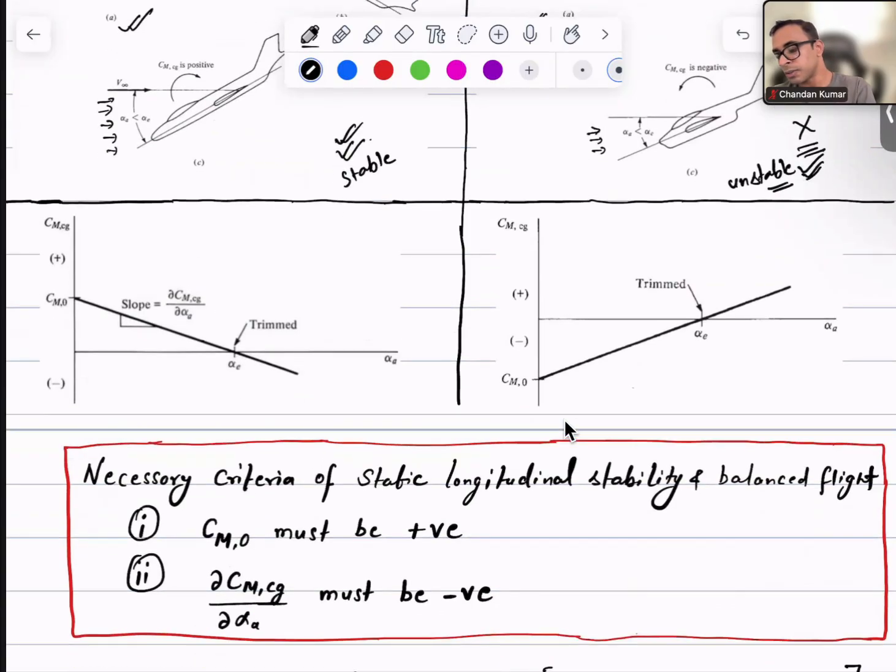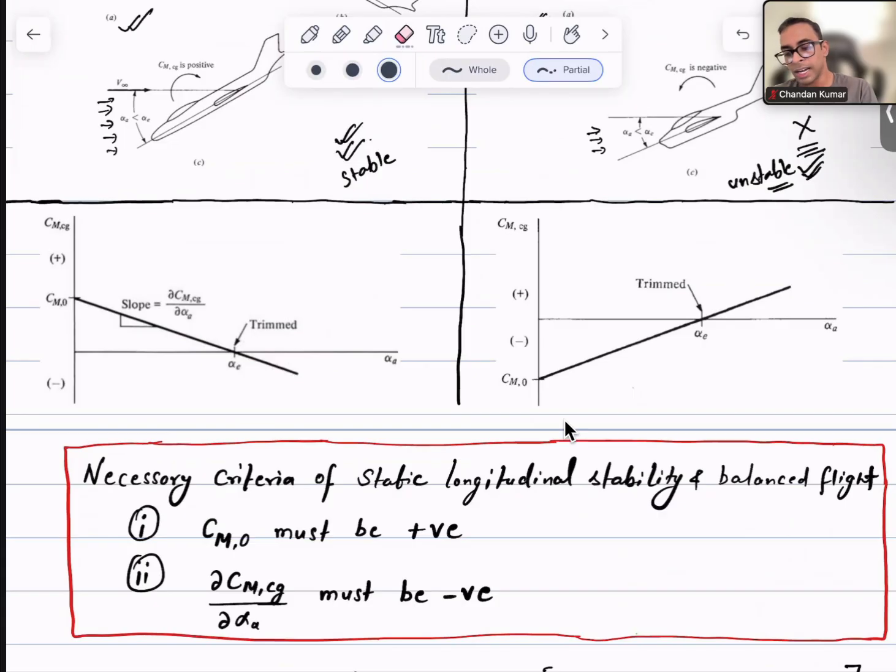We have a flight flying at a particular trimmed condition, and we increase the angle of attack, then it creates a negative moment that restores it back to the trimmed condition. And if the gust of wind disturbs the airplane and decreases the angle of attack, then it creates a positive moment, and that positive moment brings the airplane back to the trim condition.